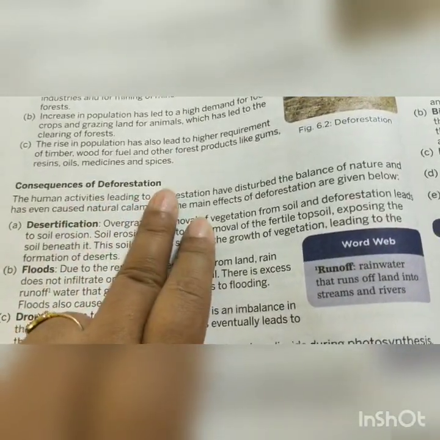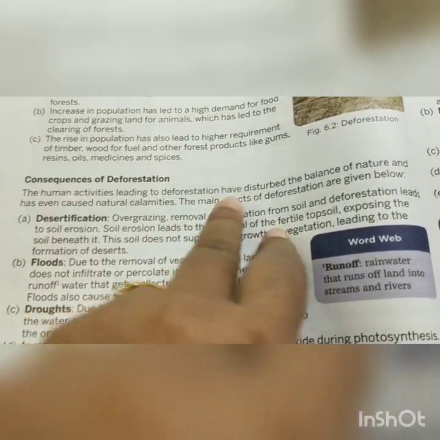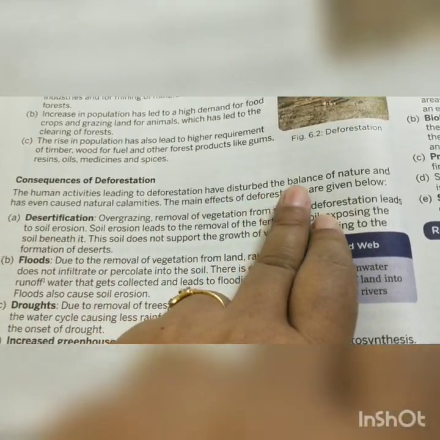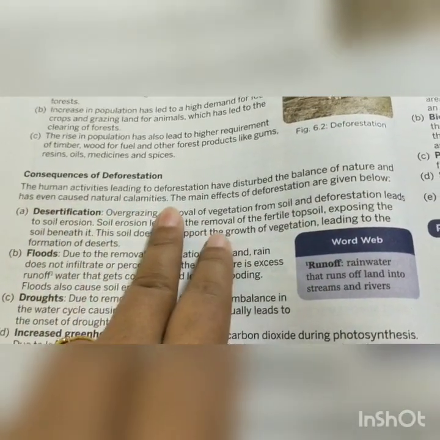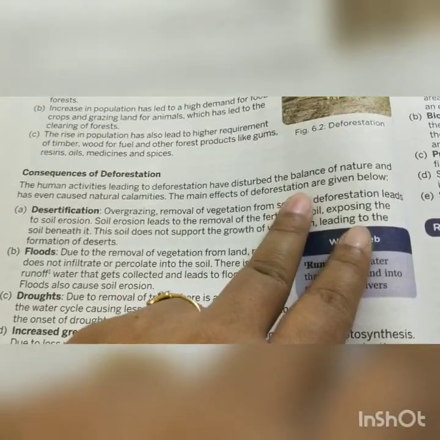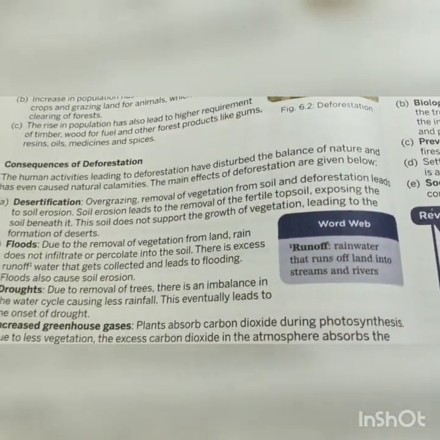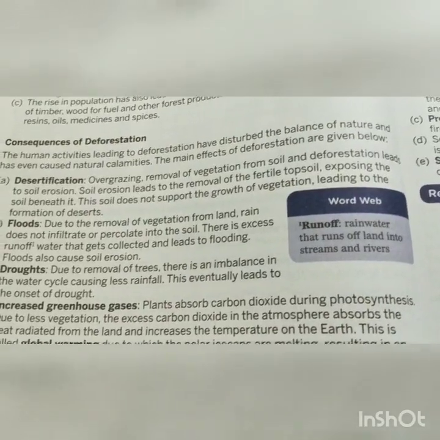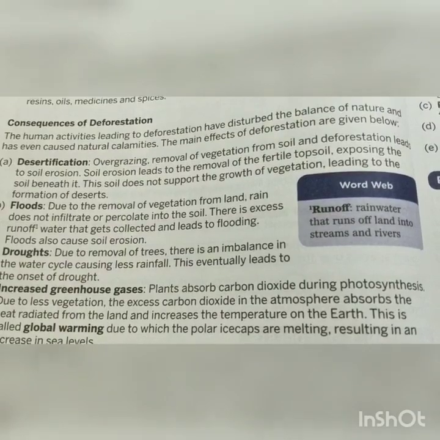Consequences of deforestation. The human activities leading to deforestation have disturbed the balance of nature and have even caused natural calamities. The main effects of deforestation are given below. So deforestation causes many harmful effects in our environment.